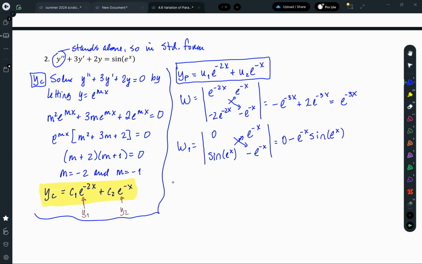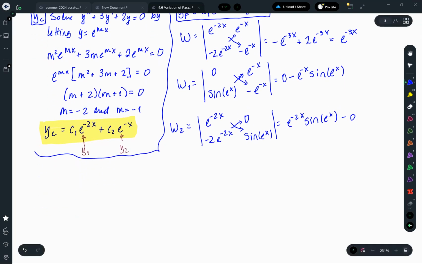Okay, W2. With W2, the first column remains as it was in W, so it's e to the minus 2x and minus 2e to the minus 2x, whereas the second column gets changed to 0 and sine of e to the x. Calculate that cross product there, and we get e to the minus 2x sine of e to the x minus 0. And that's really all we can do.